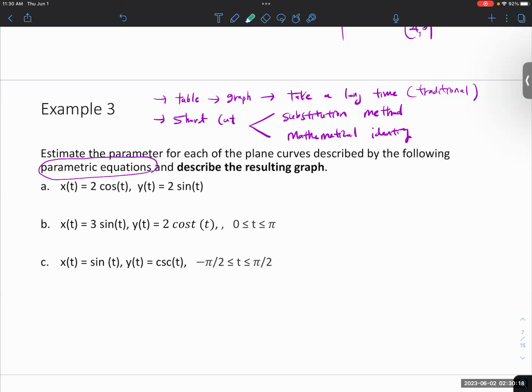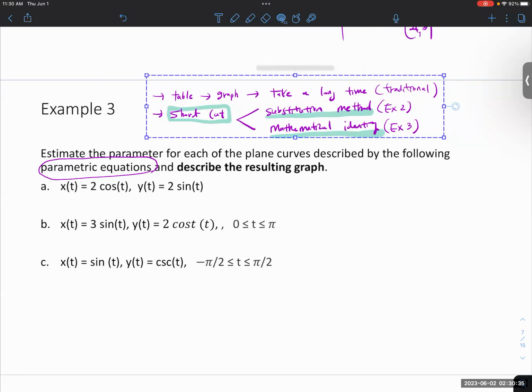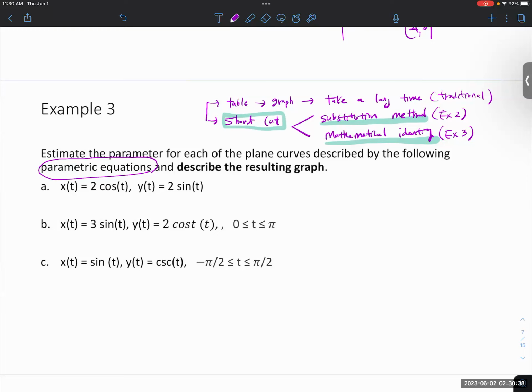And then the second one is a shortcut. The substitution method, we just solved in example 2. And then another method, I'm going to show you, utilizes a mathematical identity to find the parametric equation. So all of this work is to find the parametric equation. Am I correct?